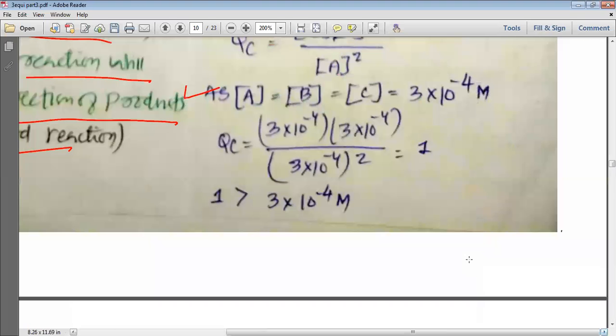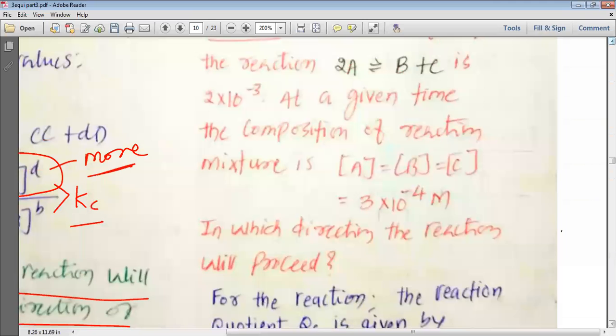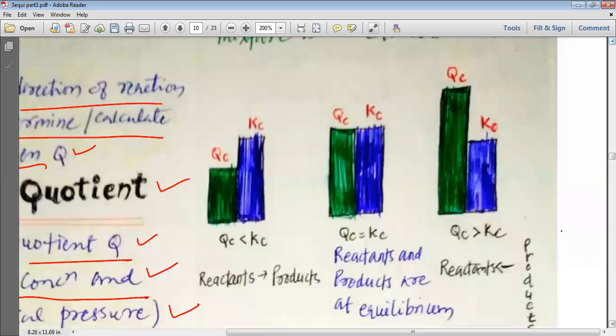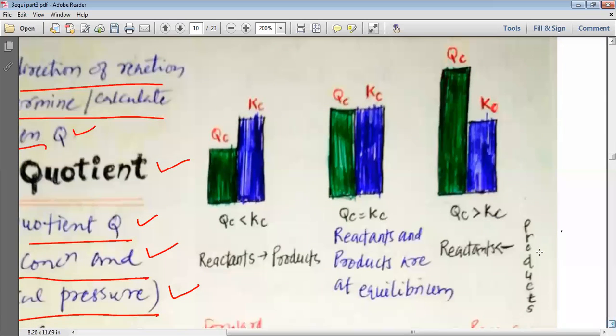But if the value of Qc is equal to Kc, it represents the equilibrium situation, and the reaction need not move in any direction. The reaction mixture is at equilibrium, and it does not move in either the forward or backward direction. Both reactions are going on at the same rate.